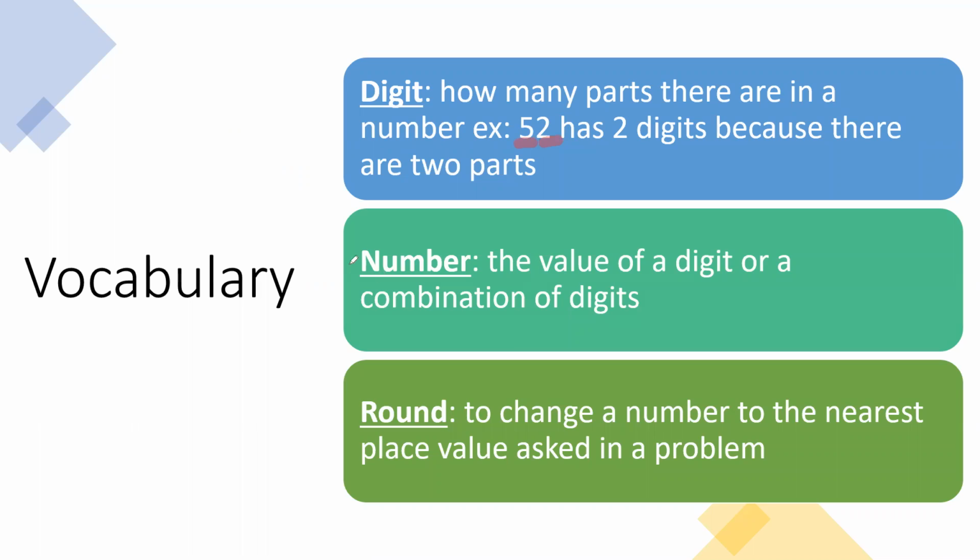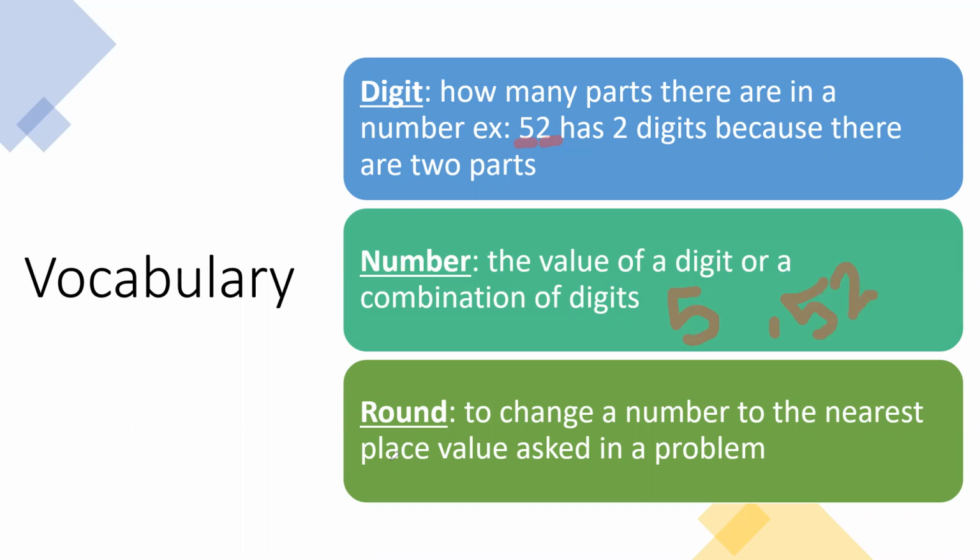Now, if we go to number, the number is the value of a digit or a combination of digits. So 5, if you're talking about the number 5, is 5. Or 52 is a number that has 2 digits.